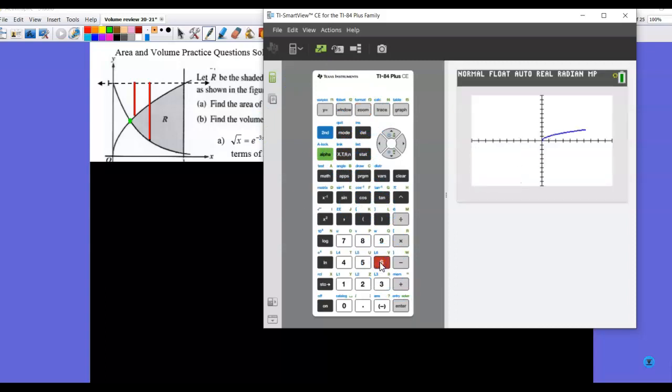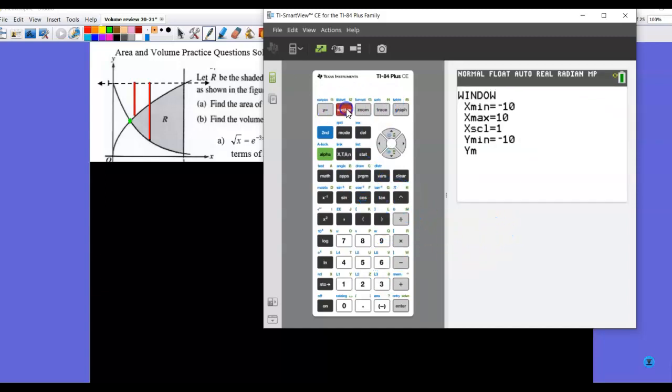I'm going to create a zoom 6 window. And then I'm going to adjust my window to make it look a little bit more like their graph. When I go to the window, this is not absolutely necessary. I'm going to change the x minimum to be maybe negative 0.5.